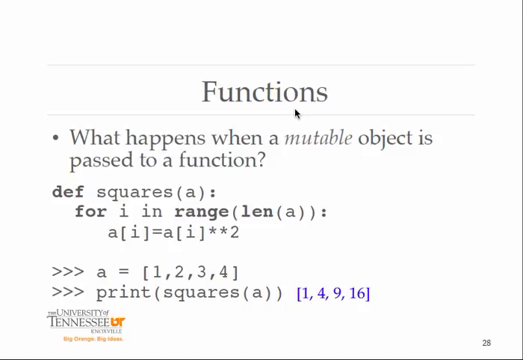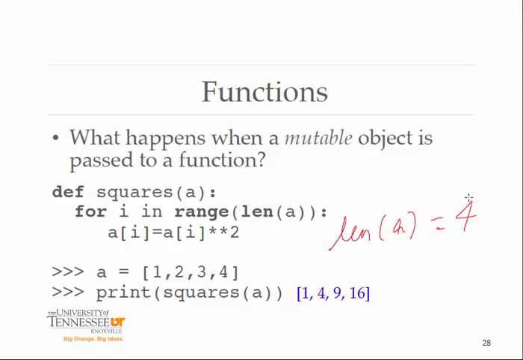So illustrated below, if you had a list of 4 elements and each element was an integer, 1, 2, 3, 4, and then here's an illustration of printing out what you would get if you called squares of A. Immediately it's important to realize that the length of A in this case would return 4.